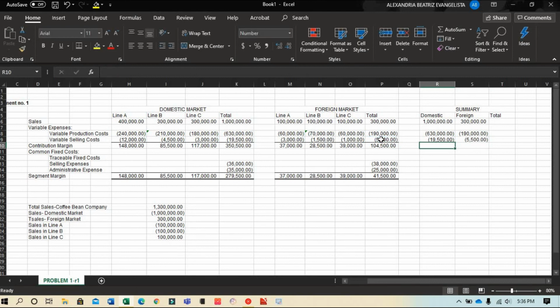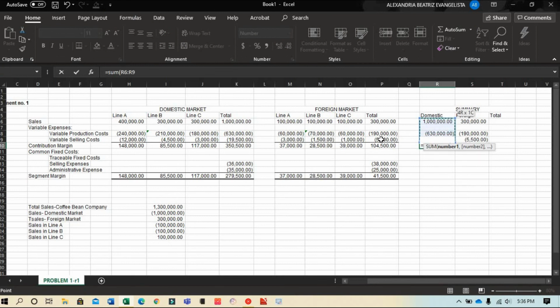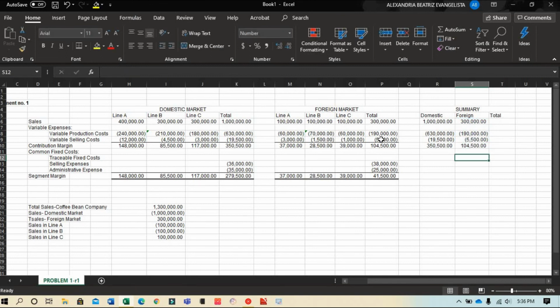Then going to get the contribution margin, which should be the same, the totals there, 350,500 for domestic and 104,500 for foreign.